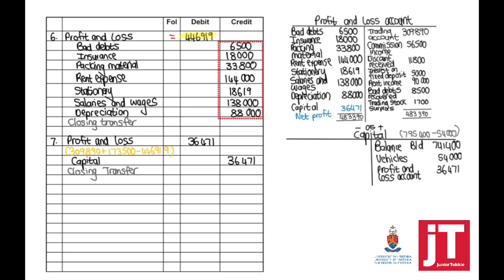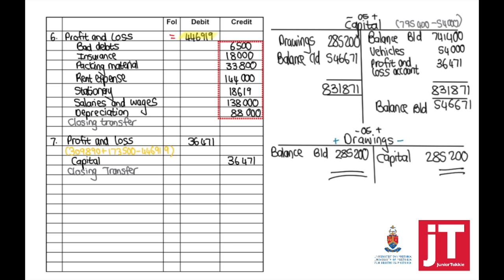Once we've taken the net profit to capital, we can do our last closing transfer, which means drawings is closed off to capital. The account which is debited is always written first, which means capital is going to be debited, account credited, drawings. And again, my narration is just a closing transfer.